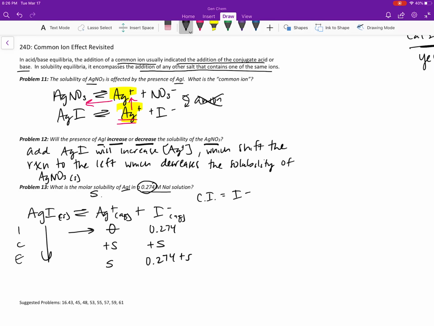Now in this case, we're going to have our KSP equal to the concentration of silver times the concentration of the iodine, straight off the table.